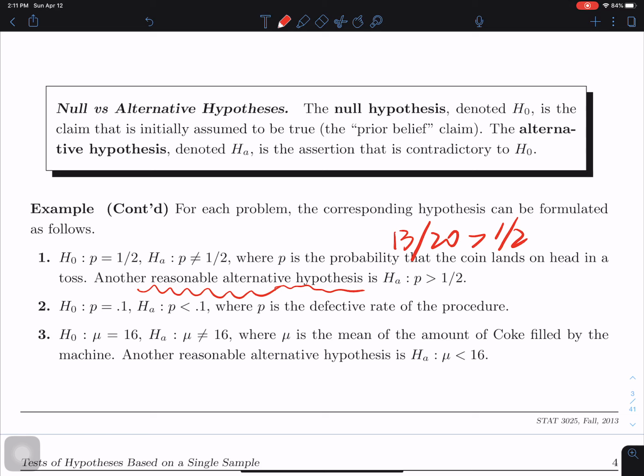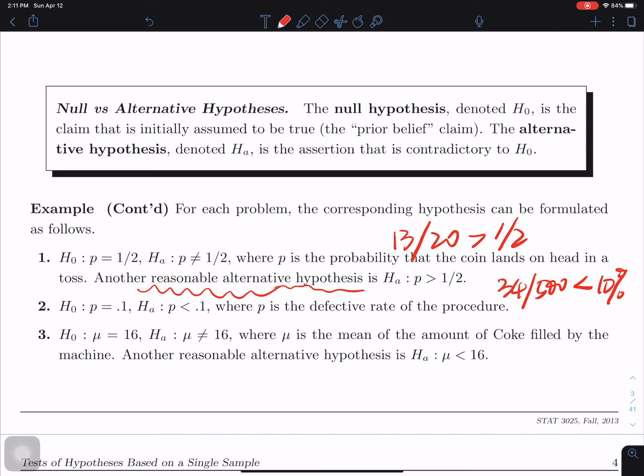And in the second example, we would like to see whether the defective rate is truly 0.1. Because we have 34 defective out of 500, and it is less than 10%, right?